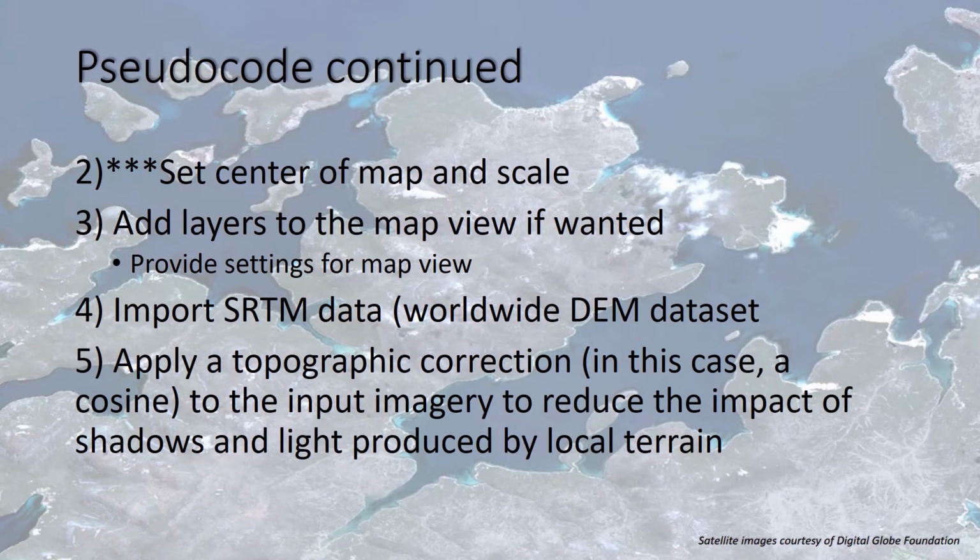If you have a bunch of shadows falling on a hillside, it won't get rid of it, but it will help address some of that dark versus light in your imagery, because that can cause some trouble later on. In this one, this is pretty much set to go. You don't have to change anything in the script. Just leave it be.